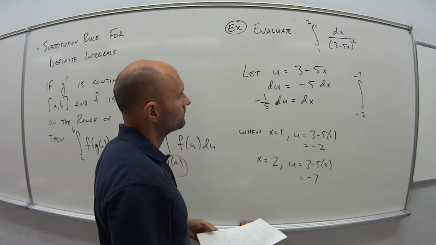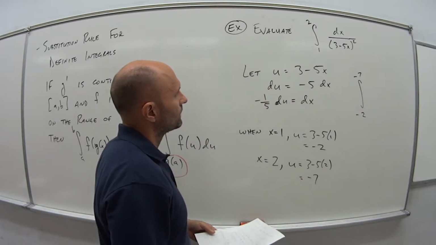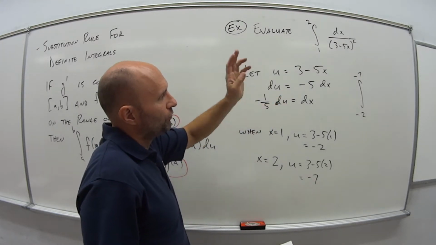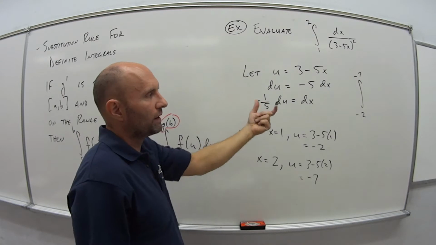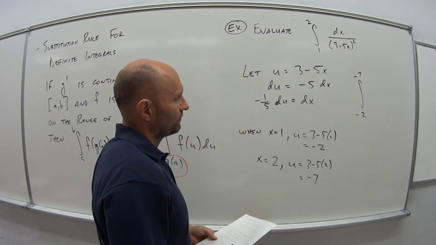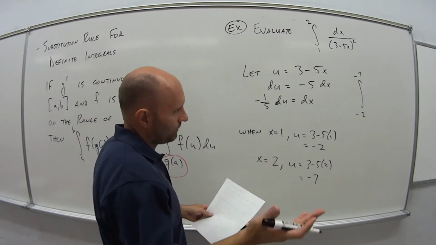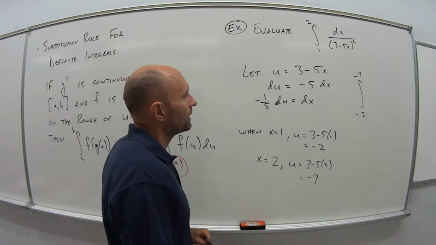And actually, with our integral rules, we could flip those two so it's negative 7 and negative 2, but then we have to bring a negative sign out in front. But it'll all work out okay. If you leave it in this format, we'll show you how it goes through anyway.